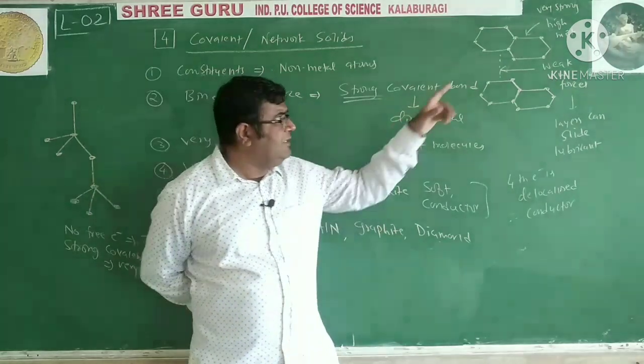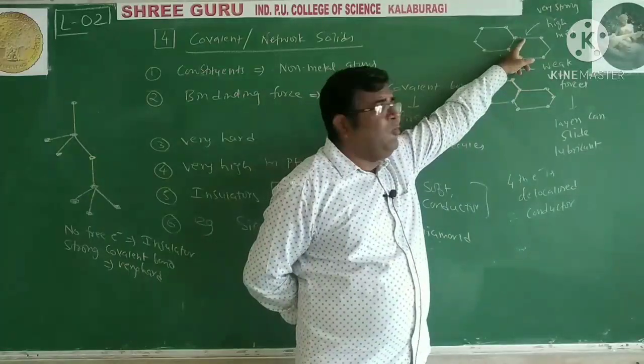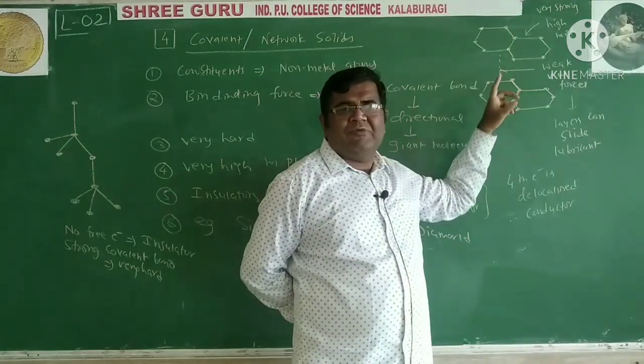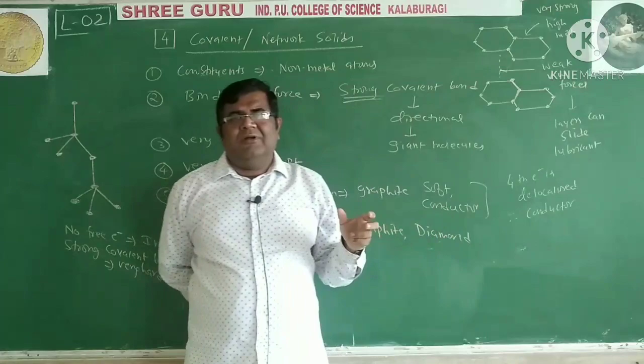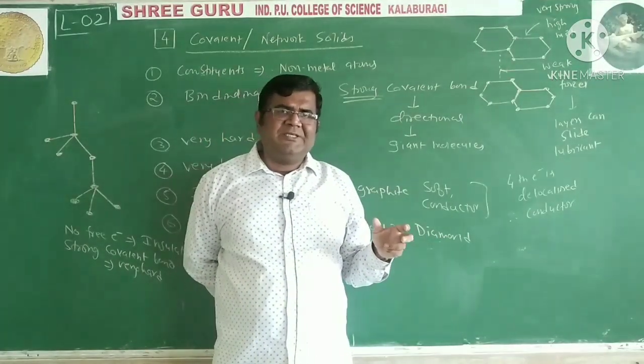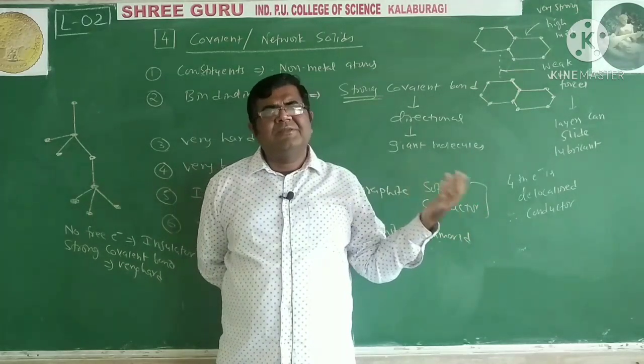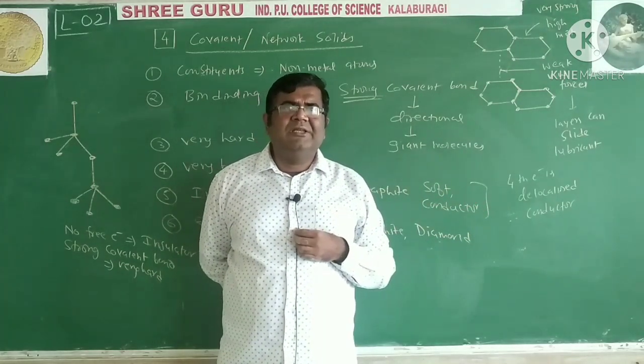So it has strength in the form of covalent bonds, and it has weakness in the form of van der Waals force. So both contradictory characteristics are present in graphite. And why is it a conductor of electricity? Because it has delocalized electrons.